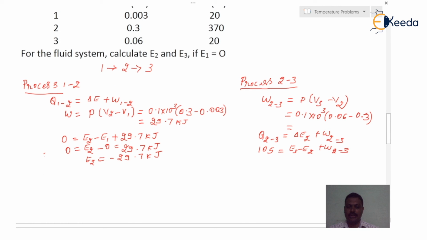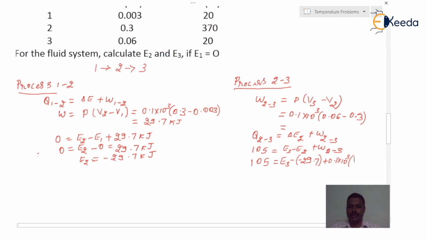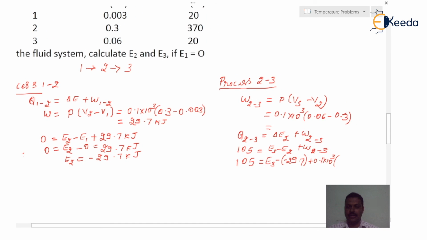So it is 105 equal to E3 minus of minus 29.7, plus 0.1 into 10 power 3 into 0.06 minus 0.3.